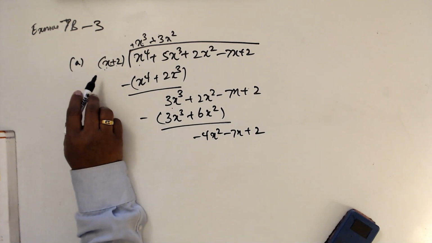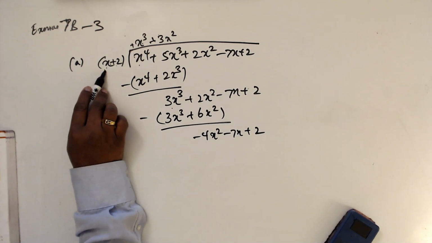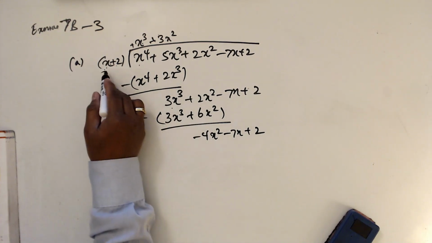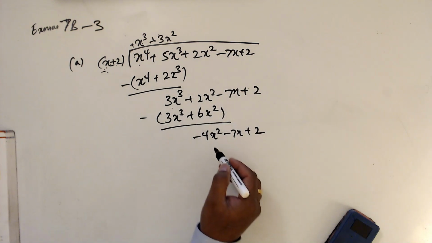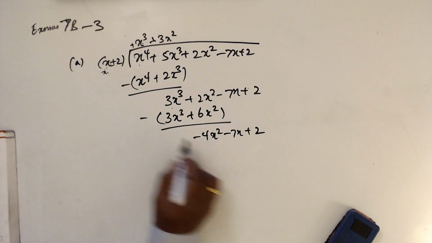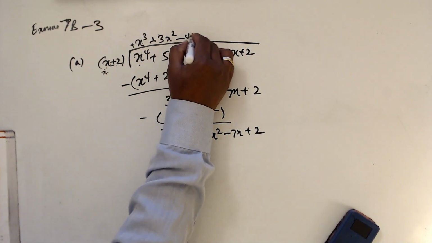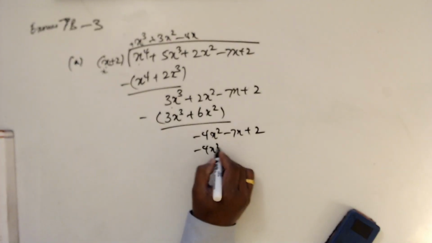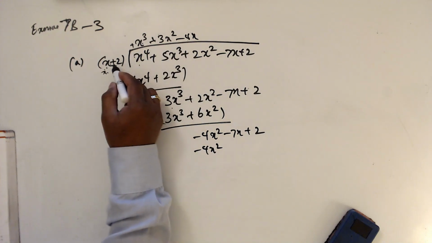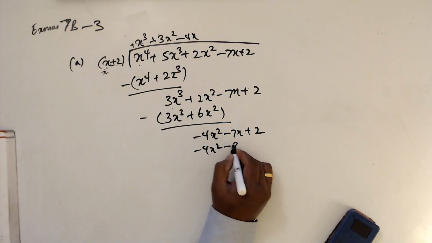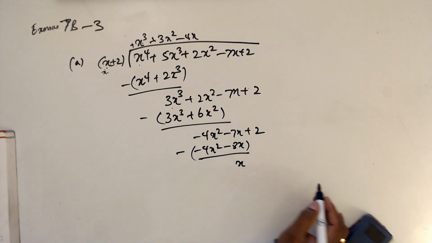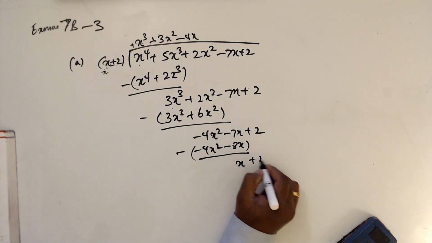Bring it down. Now how many x goes to minus 4x square? Minus 4x. Minus 4x times x, minus 4x square. Minus 4x times plus 2, minus 8x. So minus 8. This is cancelled out. This is going to be x, and bring it down, plus 2.